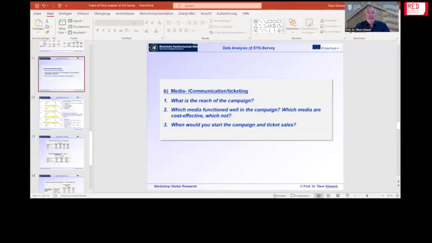Next area of interest we want to go into is media communication and ticketing.